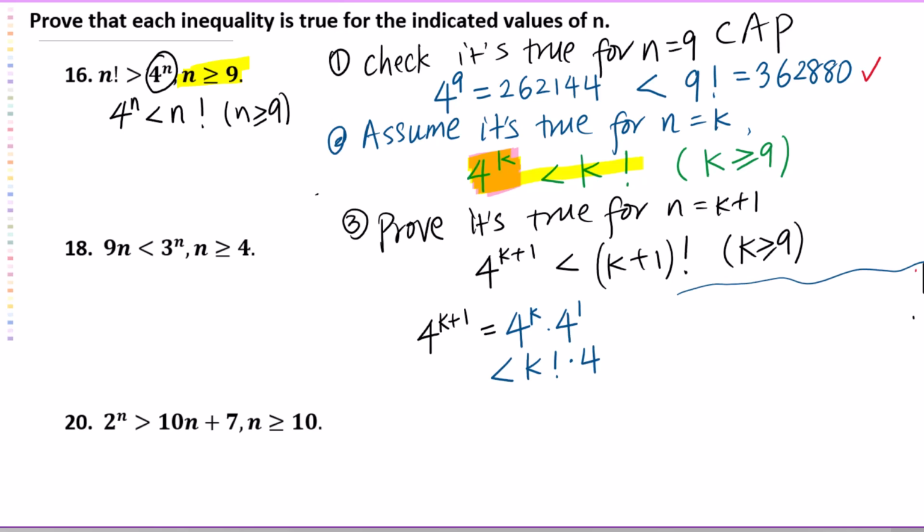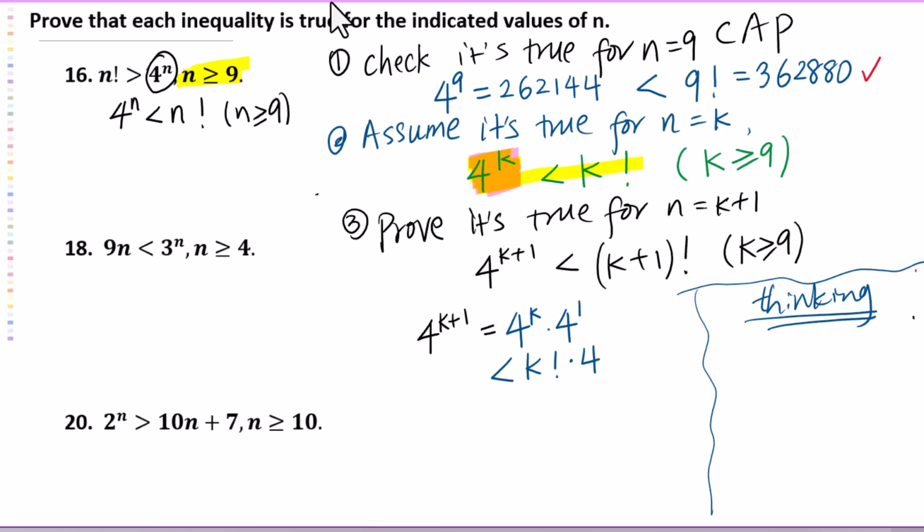This is our thinking part. We want to prove 4 to the power of k plus 1 less than k plus 1 factorial. We already got 4 to the power of k plus 1 less than k factorial times 4.